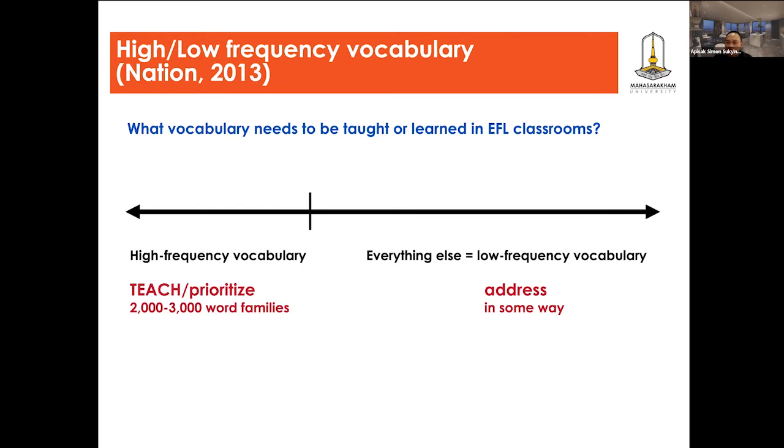We may help our students learn them in some way, which means we can teach them strategies. Like some of you just mentioned, guessing the unknown word using context clues, using word parts like prefixes or suffixes, or guessing the meaning from the part of speech, things like that. So prioritize the words, or teach them if necessary. We need to teach the high frequency words.